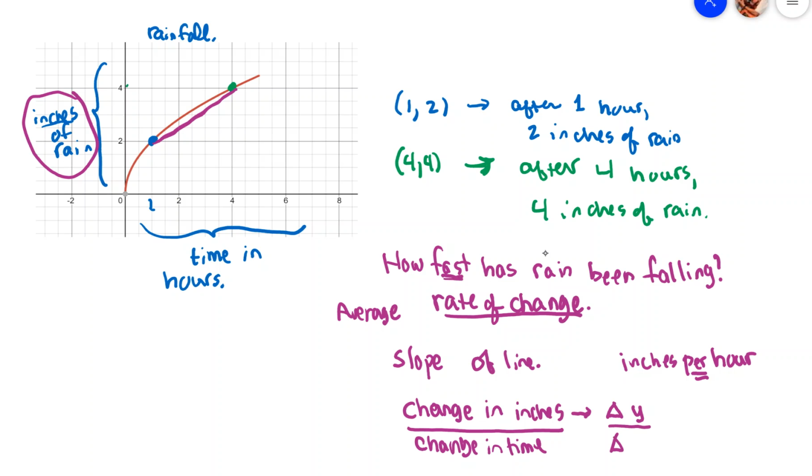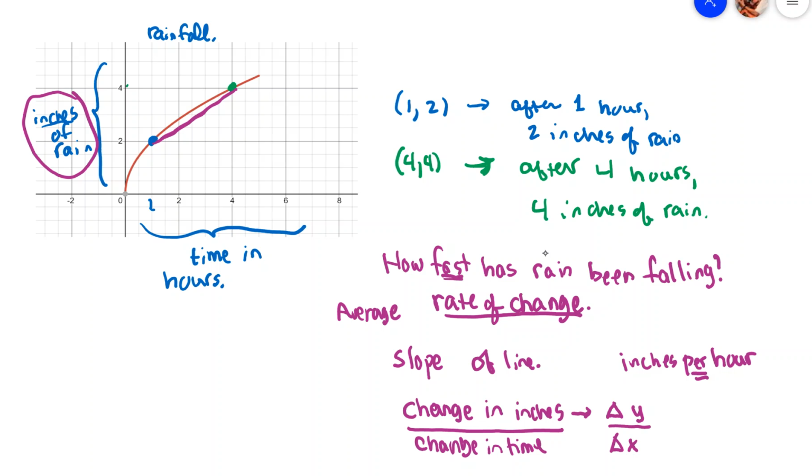And then I would put my change in x underneath, because that's my change in time. Okay, that's why I do it the way that I do it. If I wanted to know how many hours per inch, that's also very valid. I could do that, but then I would put my change in x on top because time is hours and I'm doing hours per inch. Okay, so that's why we do it the way that we do it.